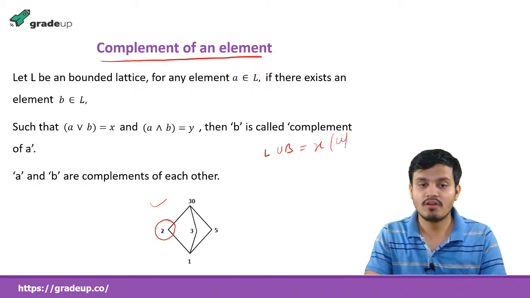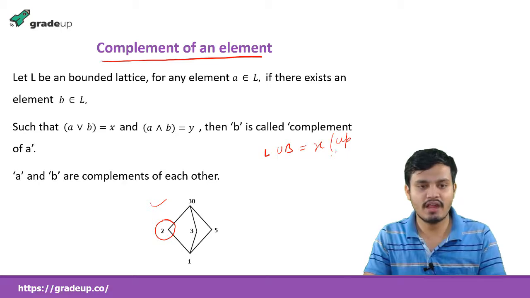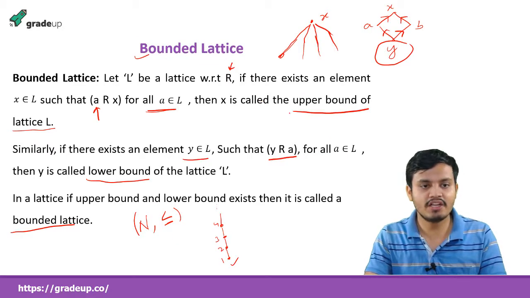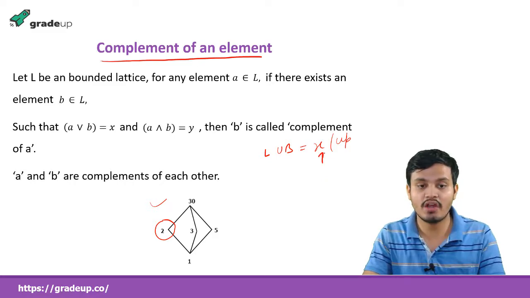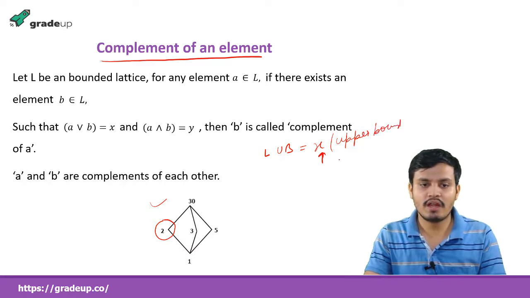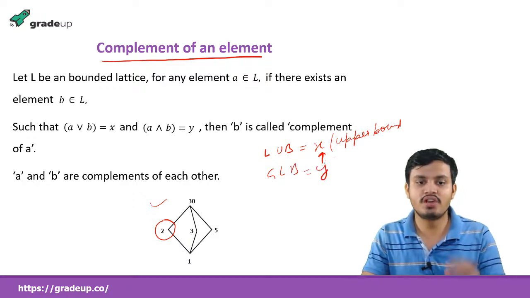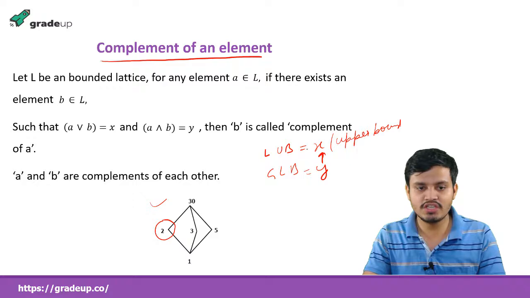Upper bound of the whole lattice. Here, when every element is mapped to that, that X is used here. So that will be the upper bound. Okay, and now GLB will be equal to Y. So we need to see these two things.